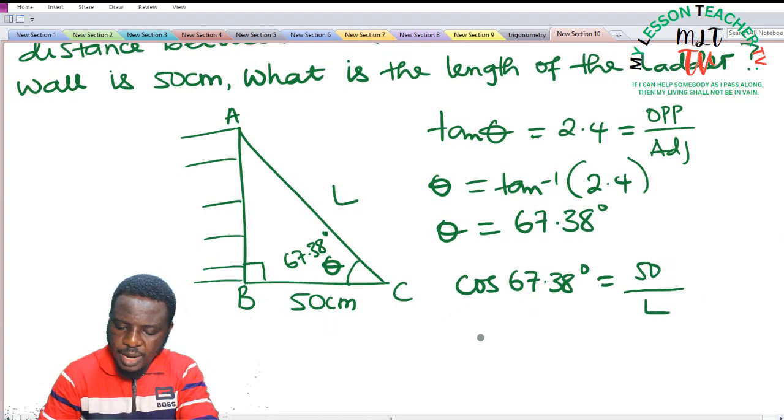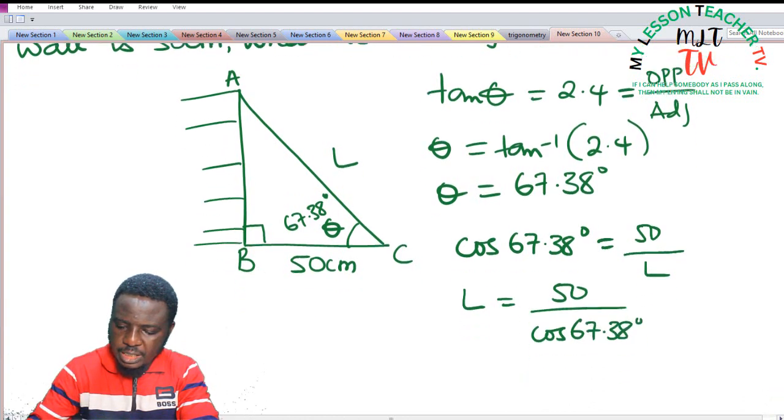When you cross multiply, making L the subject of the formula, this becomes L equal to 50 divided by cos 67.38 degrees.